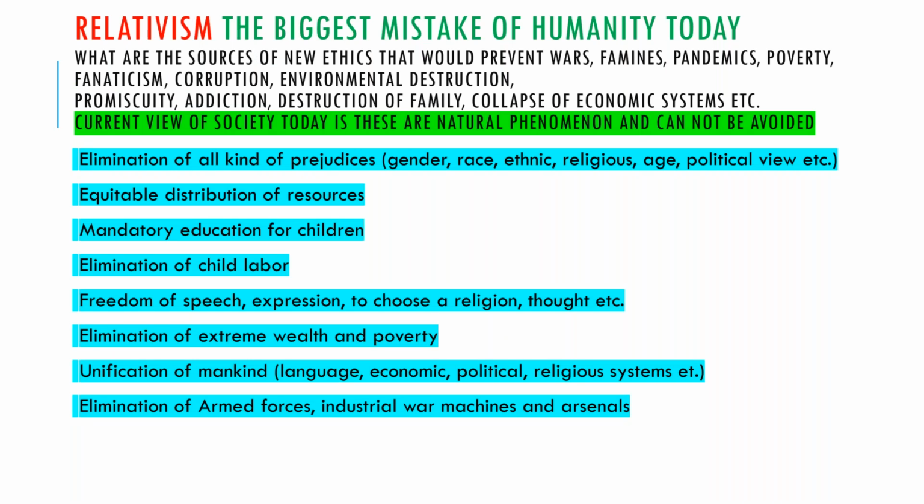So we talk about relativism, which is actually a disease, our biggest mistake that humanity is following. Look at societies in France or England. They accept that within your house, you can discriminate against women, you can follow Sharia law, but if you come outside, you become a modern man. It's fairly obvious that they're dreaming.